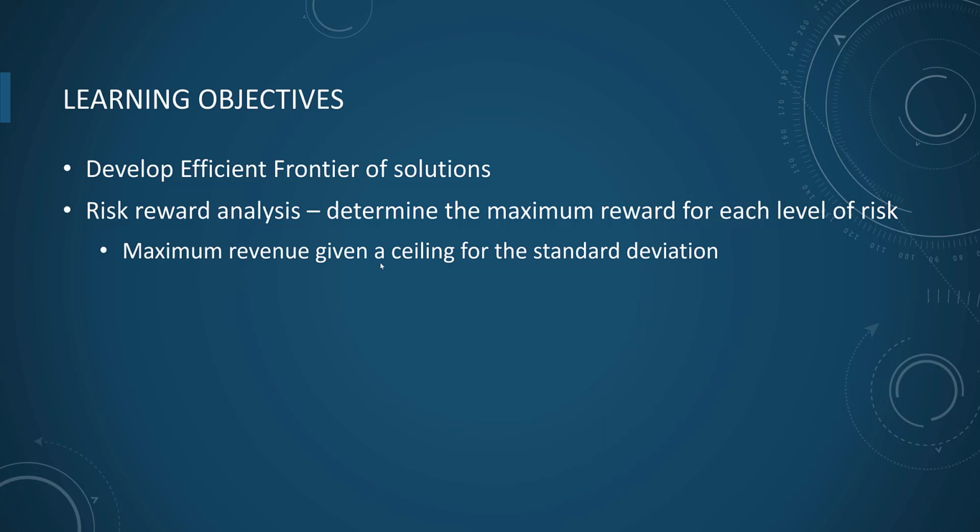Like if you look at the 90th percentile, if the standard deviation is high, the 90th percentile may be more or less than what you have in the data. So you say, okay, I will accept, say, a standard deviation of 10, or 11, or 12, 13, 14, and for each of those standard deviation limits, then you want the maximum revenue. So that's your efficient frontier, and we will look at an example of how to develop that.